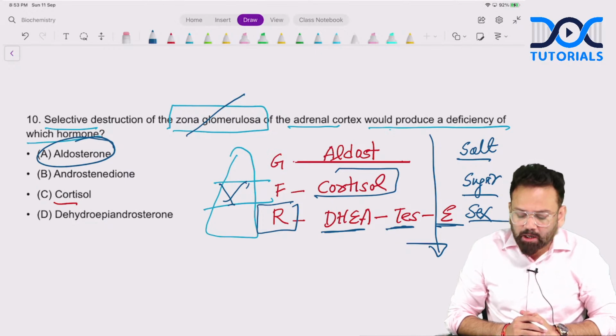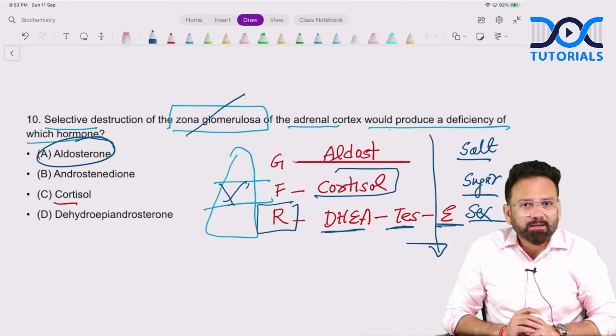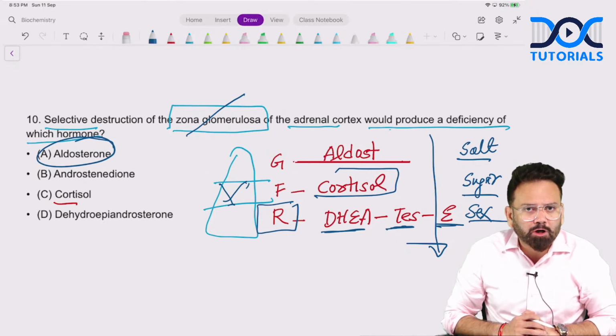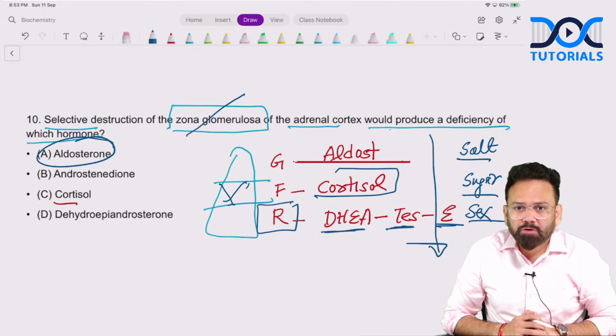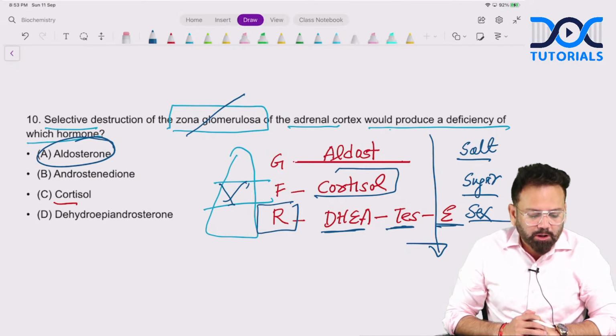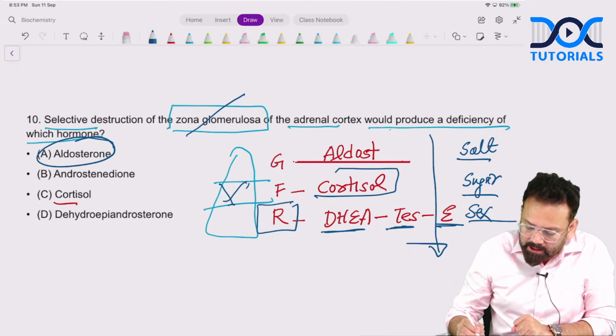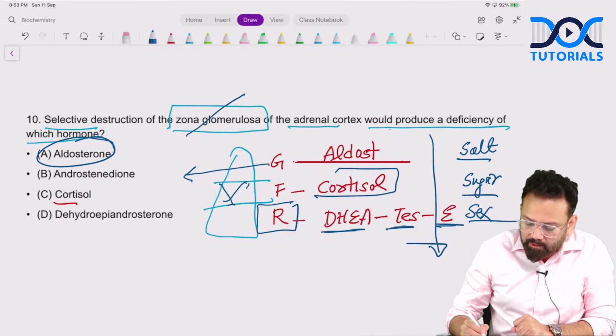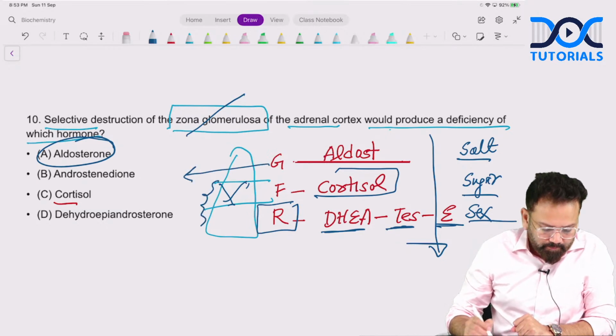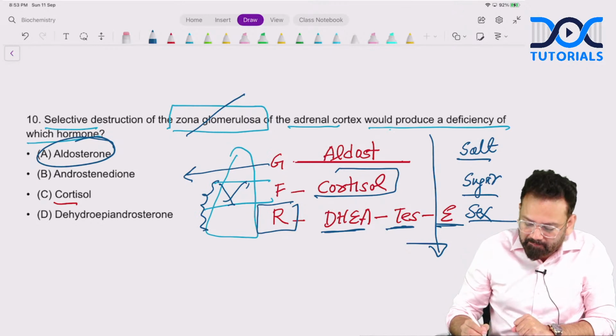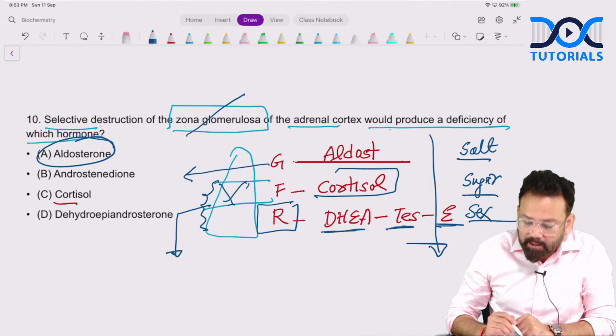One more question I want to ask you. Which is the only layer that is not controlled by ACTH? The answer is zona glomerulosa. Fasciculata and reticularis are controlled by ACTH.